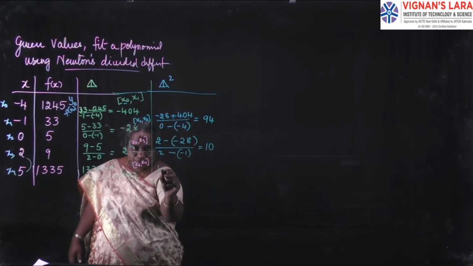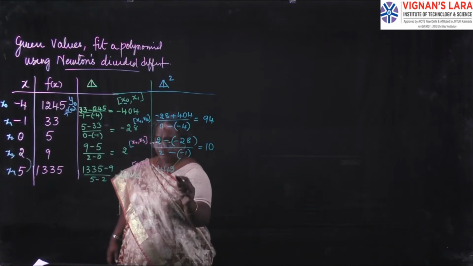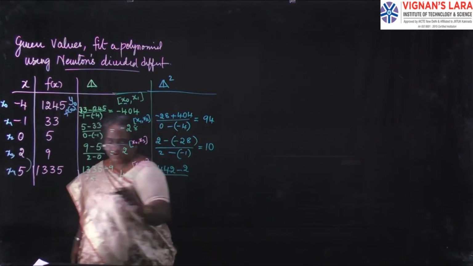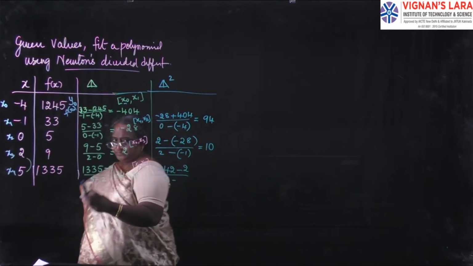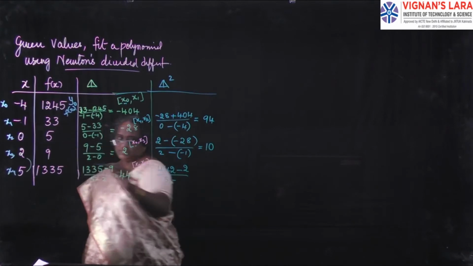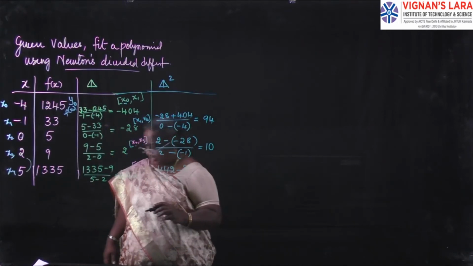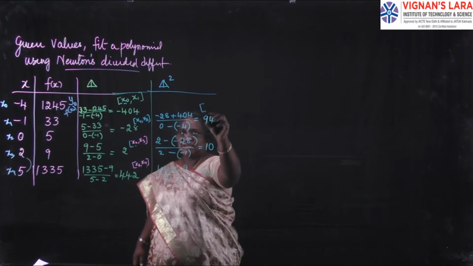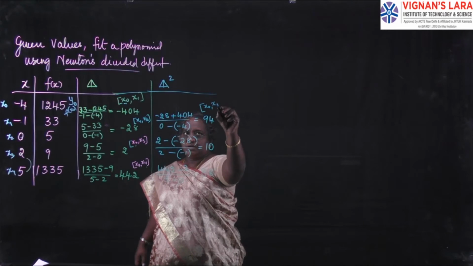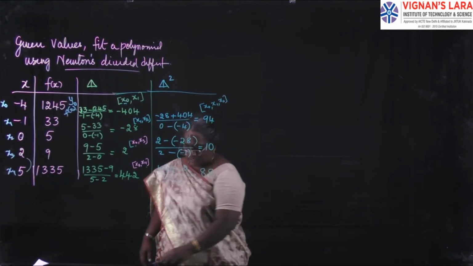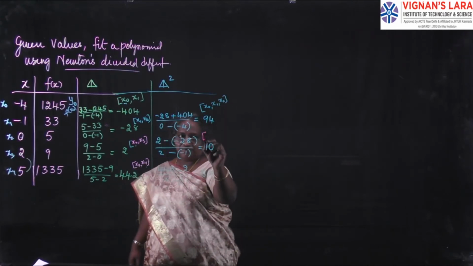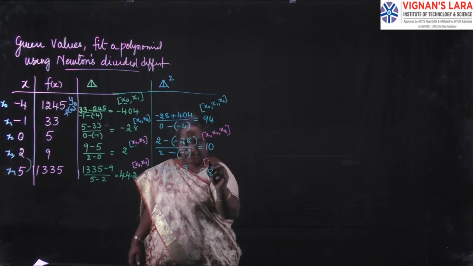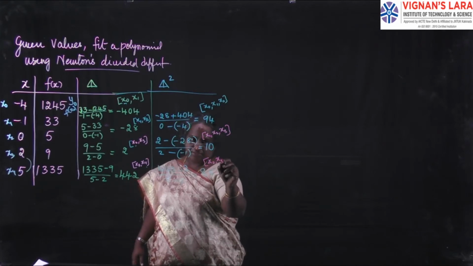Next, 442 minus 2 by x4 minus x2. x4 is 5 and x2 is 0. So this is 440 by 5, it is 88. Now this is the second divided difference of x0, x1, x2, this is of x1, x2, x3, and this is of x2, x3, x4.